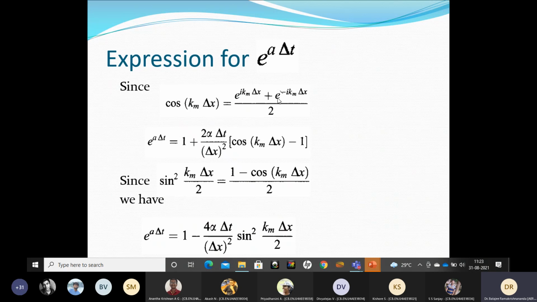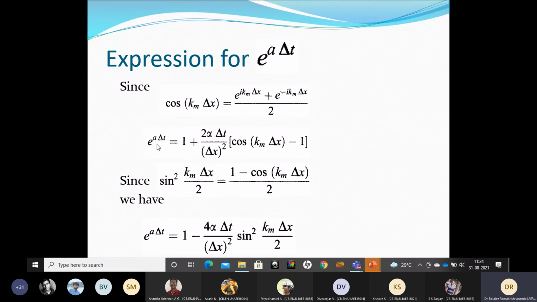You can expand this if you are not aware of it. E power I theta is cos theta plus I sin theta, and here cos theta minus I sin theta. The plus I and minus I will cancel each other, you will get 2 cos theta. So divide by 2, you will get the cos km delta x here.